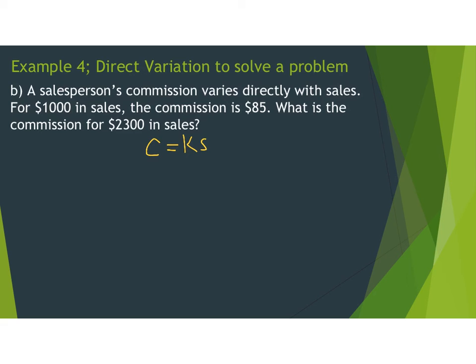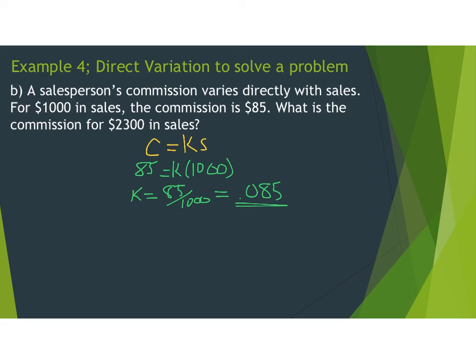So when there's $1,000 in sales, the commission is $85. So we need to find the K in this case. So we divide by 1,000, and K equals 85 divided by 1,000. And if you wanted to put that in a decimal form, then 0.085.